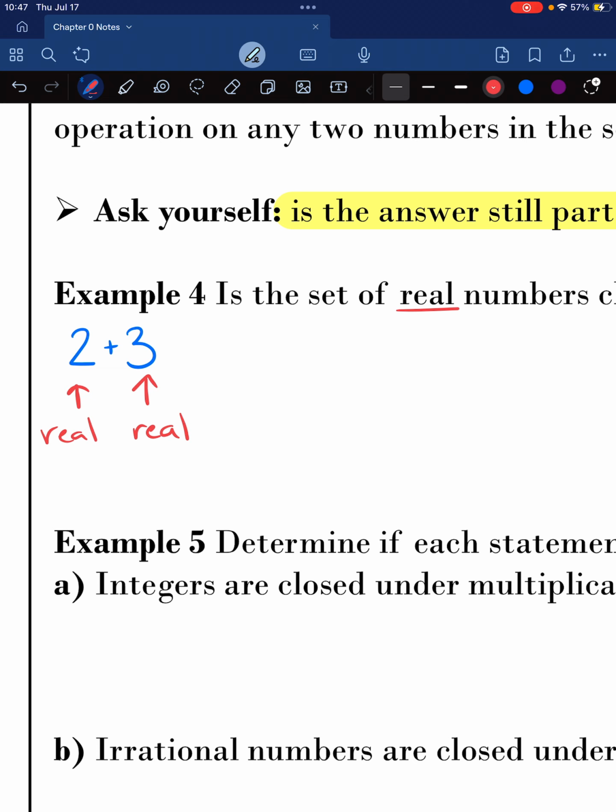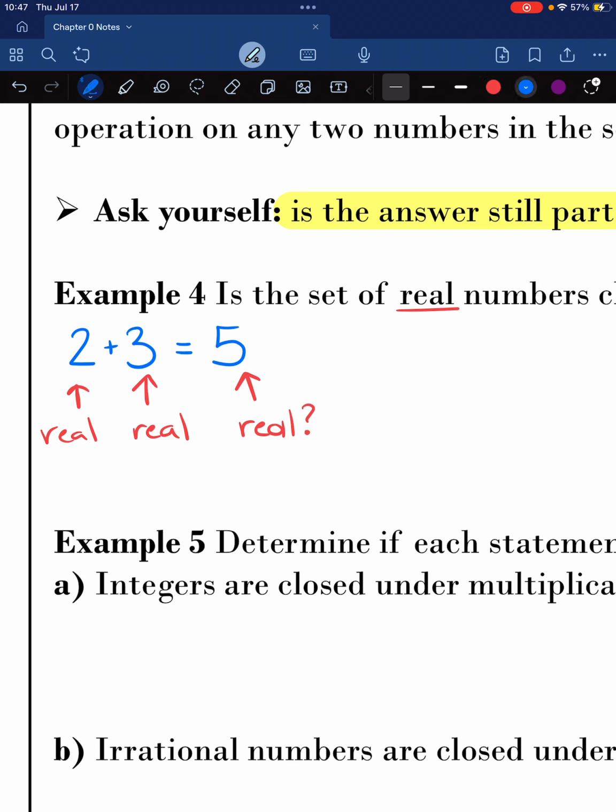It's asking, is it closed under addition, so I use addition in the middle. Then my question is, will that answer every single time be a real number? Clearly in this case, yes, 5 is a real number. So I came up with an example that shows that this is true.